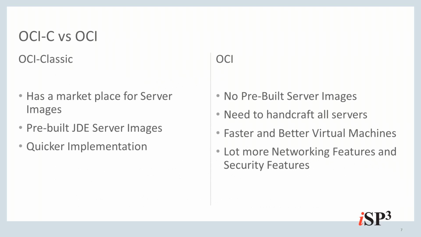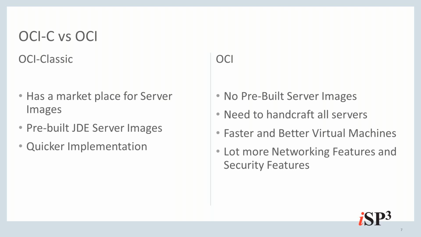For those interested in knowing the difference between OCI Classic and OCI, this is the comparison between the first generation cloud versus the second generation cloud. On the left-hand side, we have the first generation. On the right, we have the second generation. In the first generation, we have a marketplace. It's like the Apple Store.